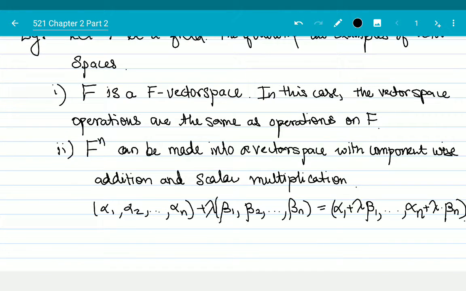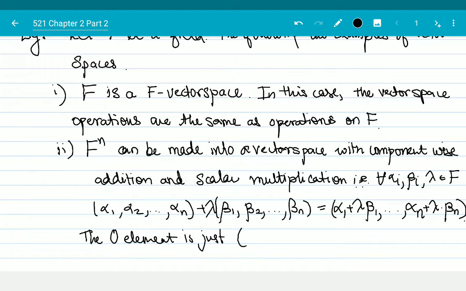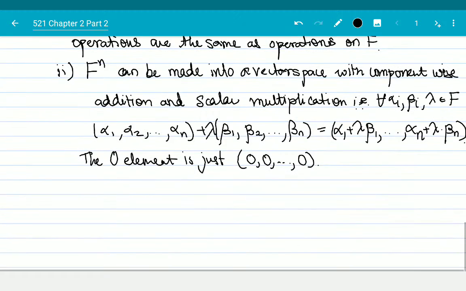That is, this should hold for every alpha i, beta i, lambda belonging to F. The zero element is just (0, 0, ..., 0).